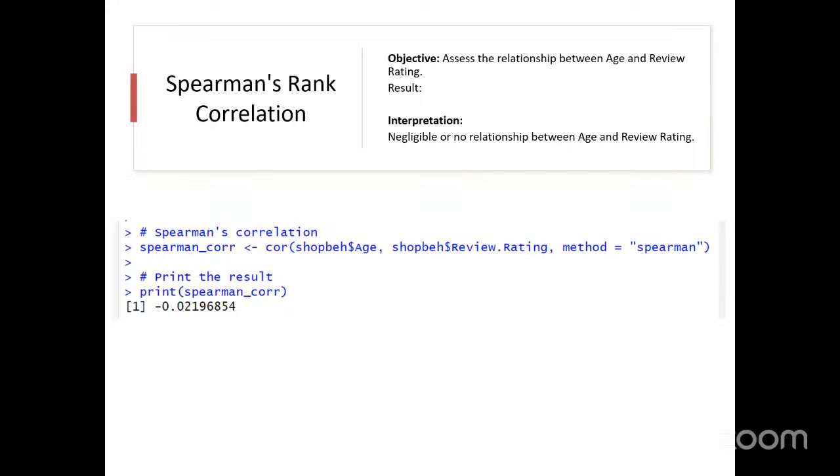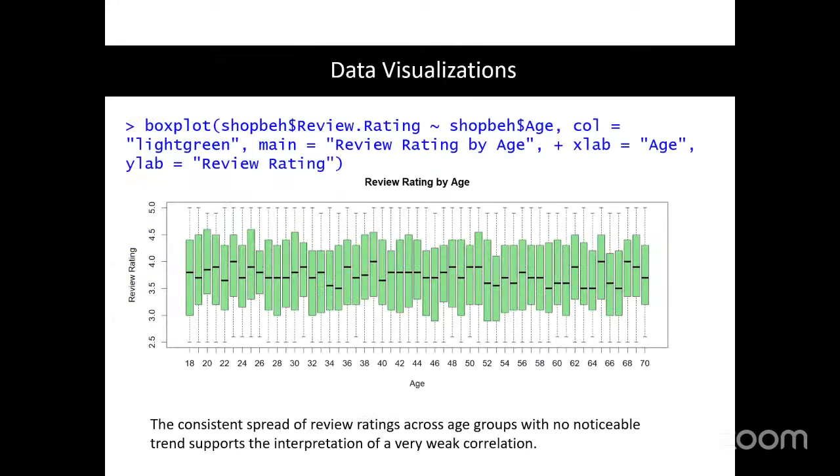You can use this one and you will understand. So this is the result, that is the review rating across the age group. So no noticeable trend.